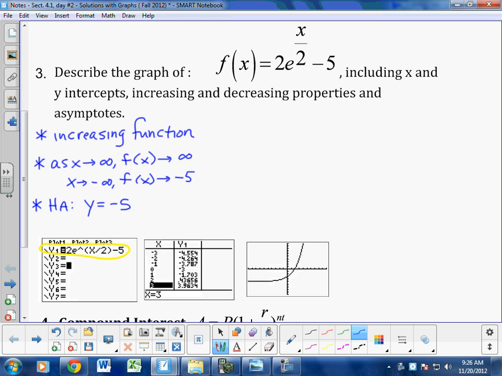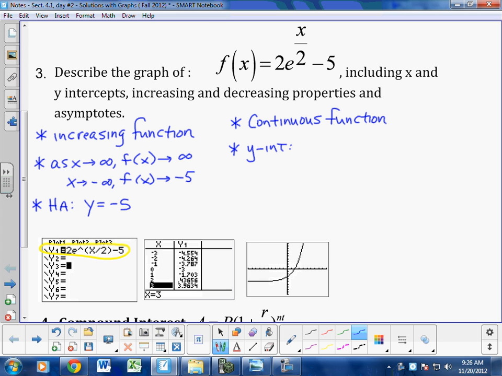Yep. Okay. Next thing. Looking at your graph, is this function continuous or discontinuous? It's continuous. Tell me what the y-intercept is.